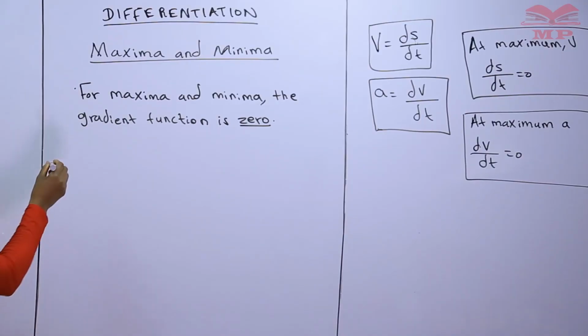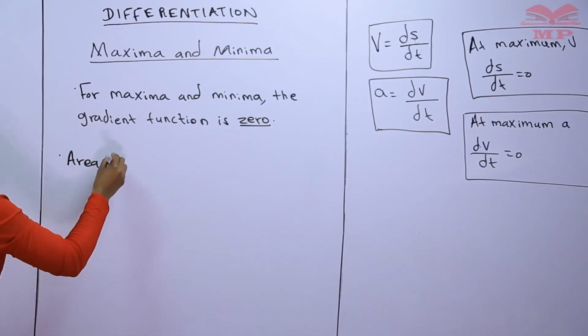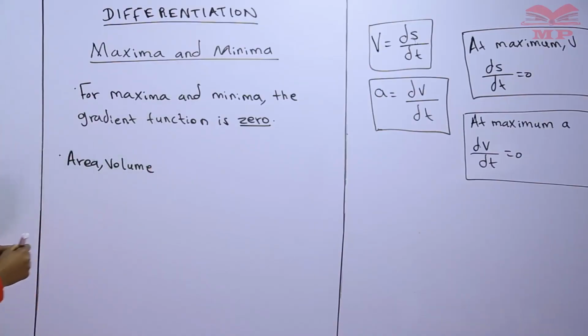It can be quantities like maybe area. It can be volume. It can be the velocity, acceleration, all these.